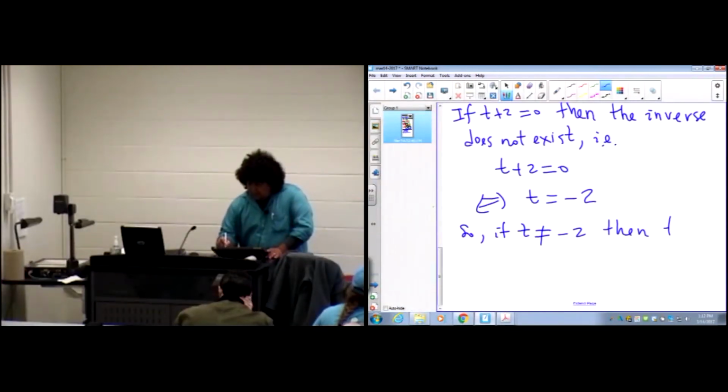This would be the inverse if t is different from negative 2.